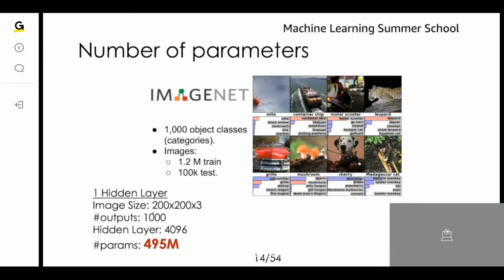You have images of size 200 by 200 by 3, a 1,000 dimensional output, and you're going to use a single hidden layer of 4,096 dimensions. For such a data set and an architecture, the number of parameters you'll require in an MLP is 495 million, which is huge. And most often, a single hidden layer will not suffice. You will need multiple hidden layers to get good accuracies.